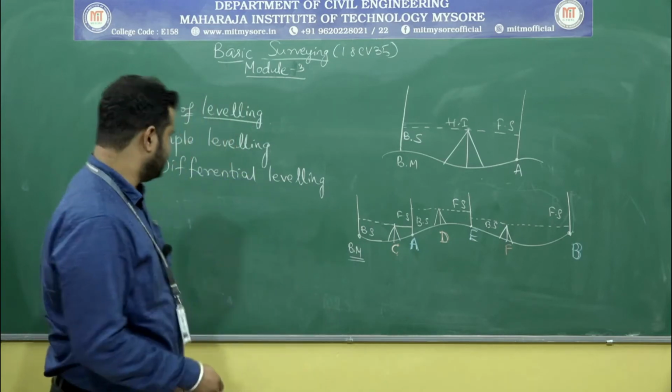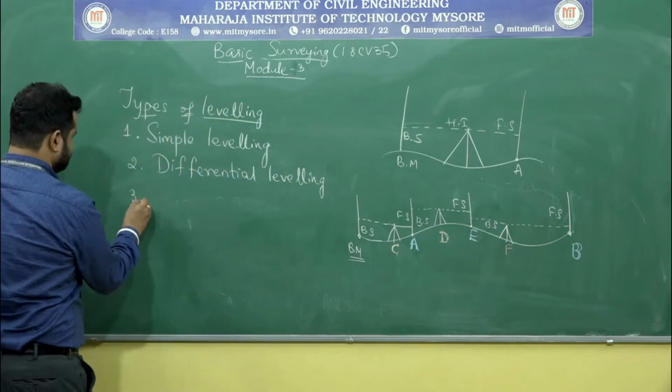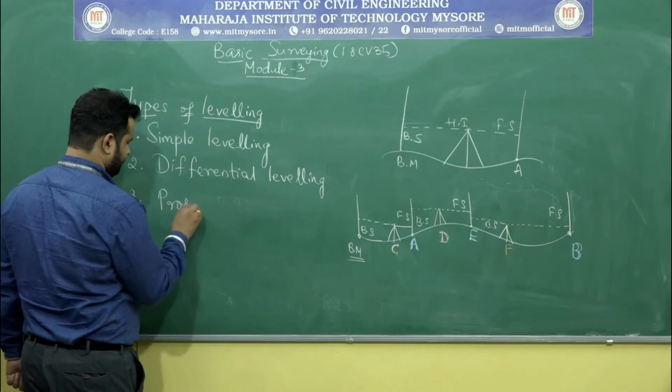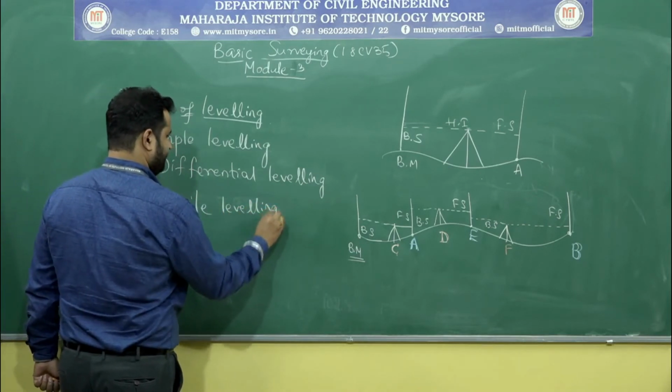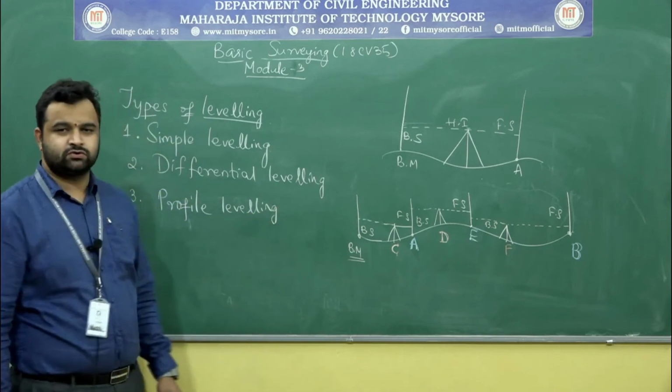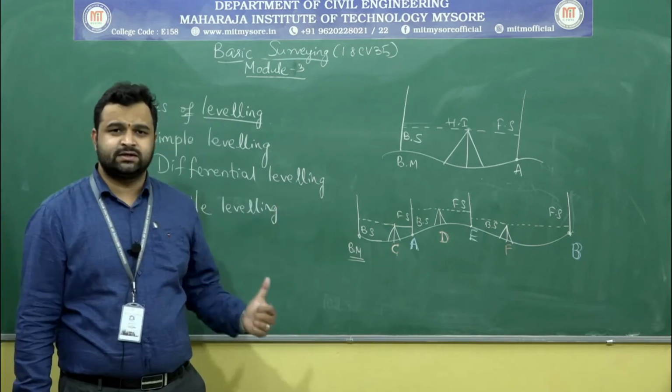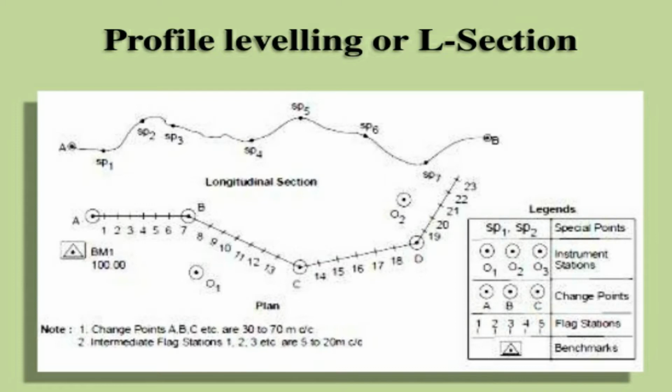And now let me move on to the next type of leveling, that is profile leveling. So what is meant by profile leveling? Why is it done? It is done in order to obtain a profile of the surface along a line, the objective of which is to determine the elevation of points at measured intervals along a line.